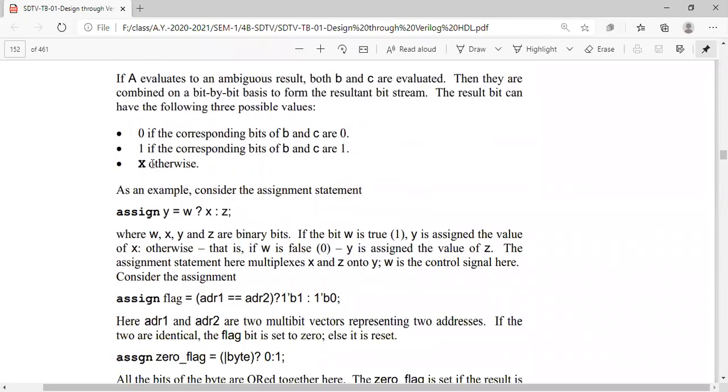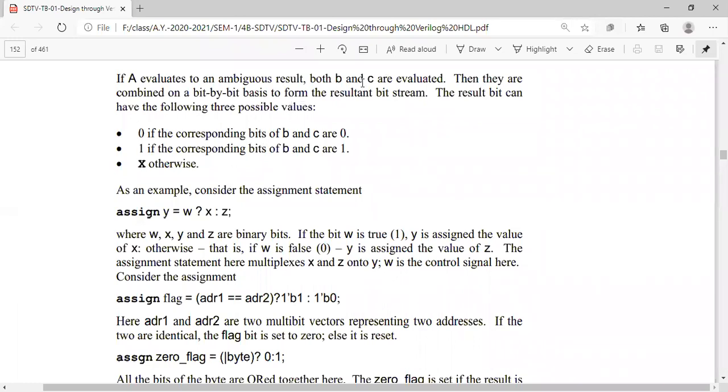Sometimes when A is evaluated, it gives ambiguous results. Ambiguous results means that A may not be either 0 or 1. What do we do then? If A does not give a result of either 0 or 1, then we have to evaluate both B and C at a time.